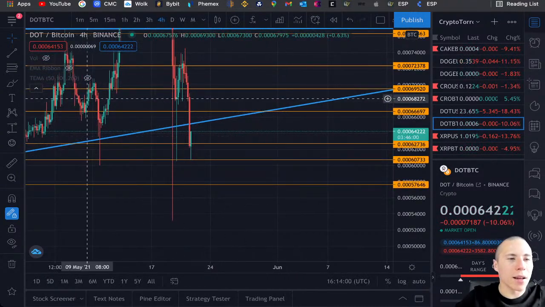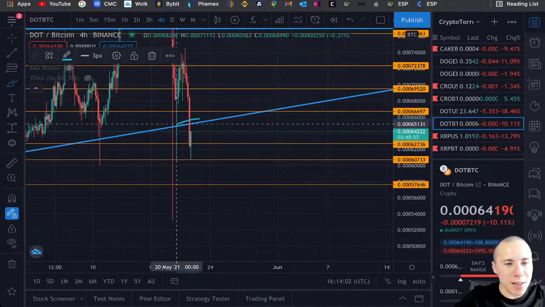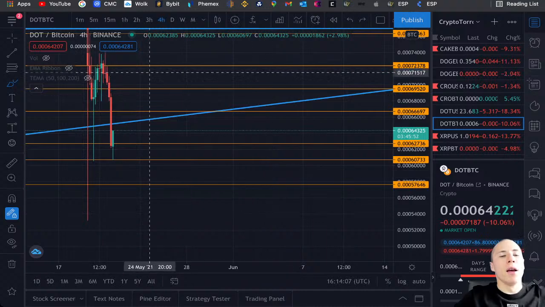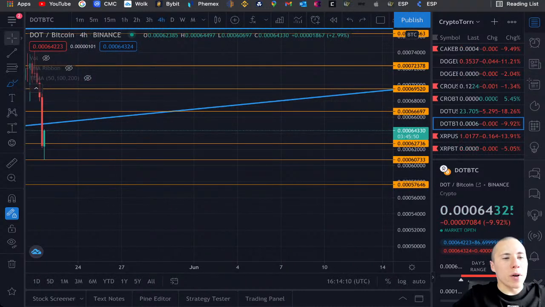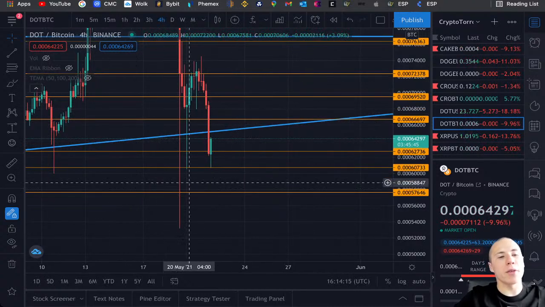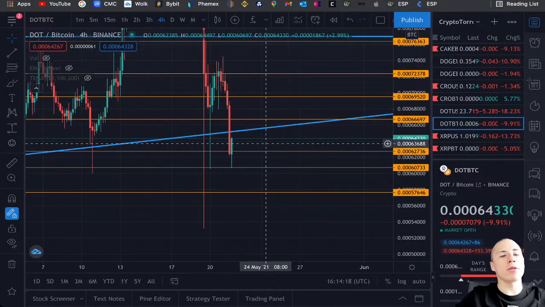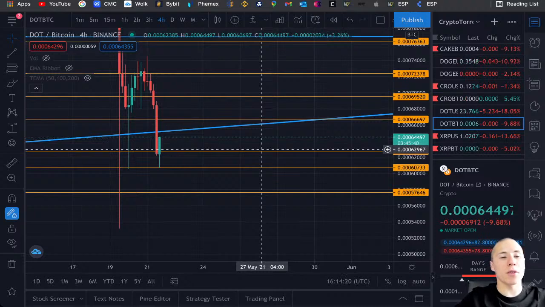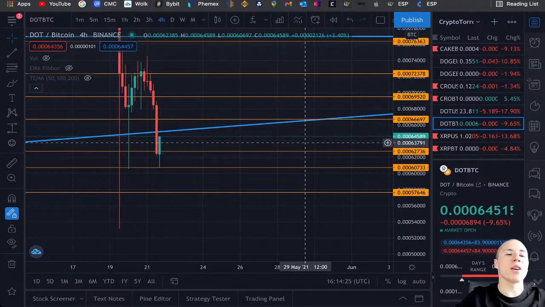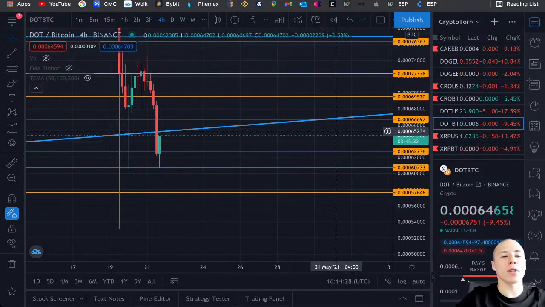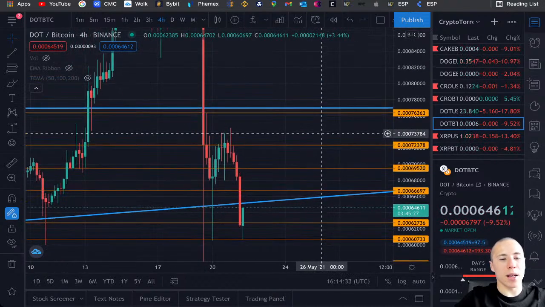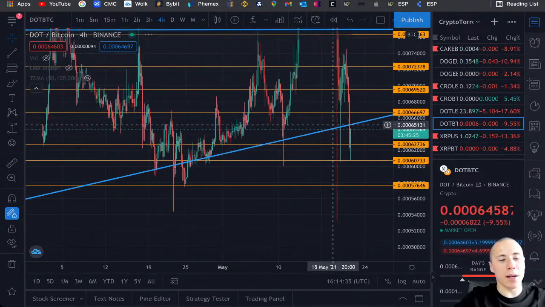It is currently upward sloping resistance, and I am personally not very happy about this, because once Polkadot does this, it could mean that we would be seeing a trend reversal compared to Bitcoin and a downtrend getting started, and that is for sure something you don't want to happen, because if it loses strength compared to Bitcoin, the price action of Polkadot will also be going towards the downside instead of the upside. So that is something I just wanted to take a look at.